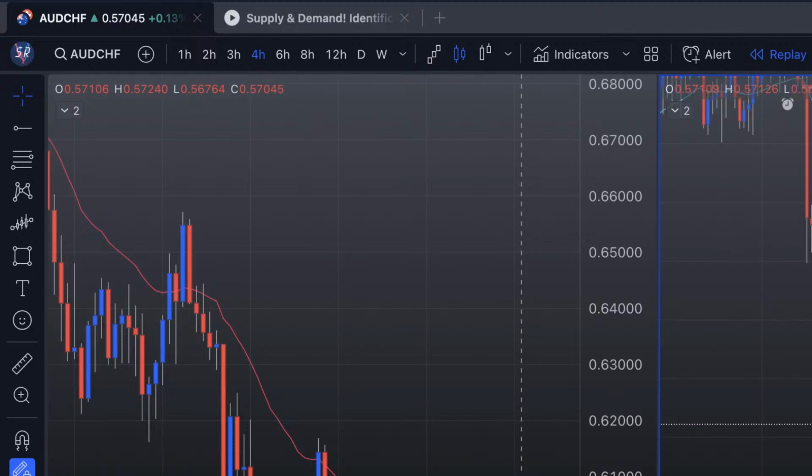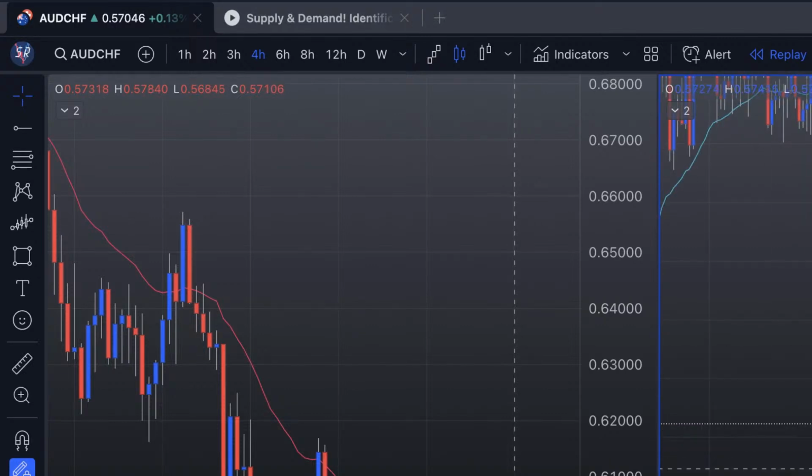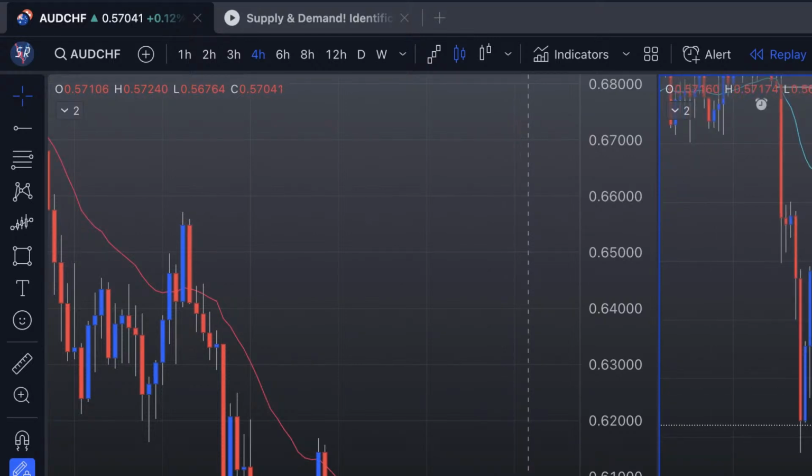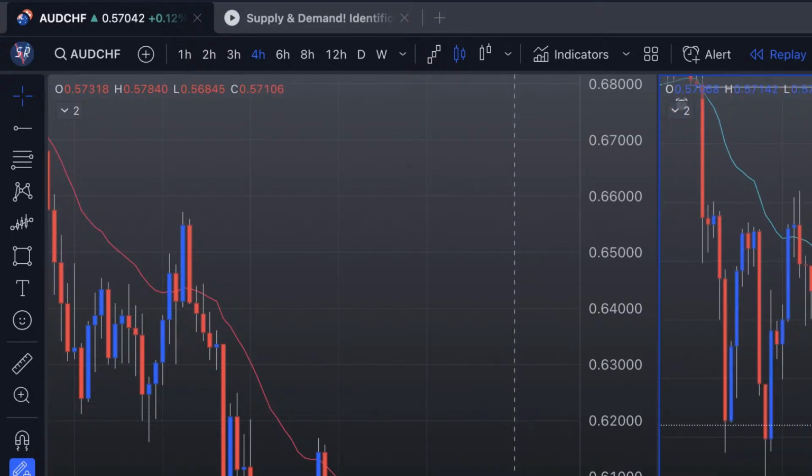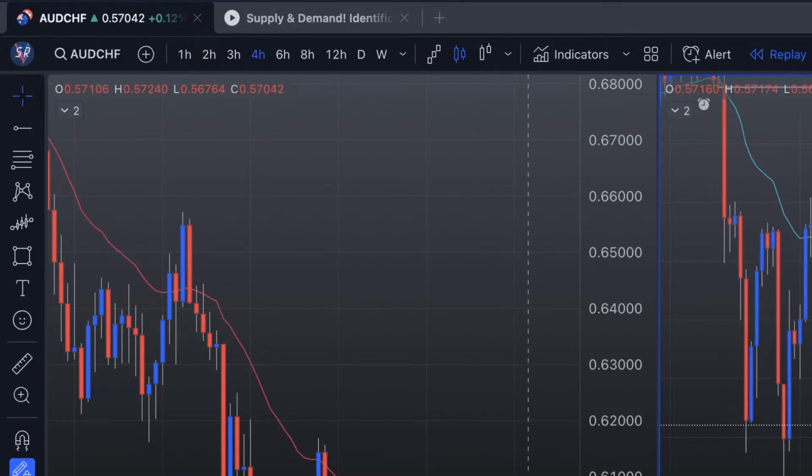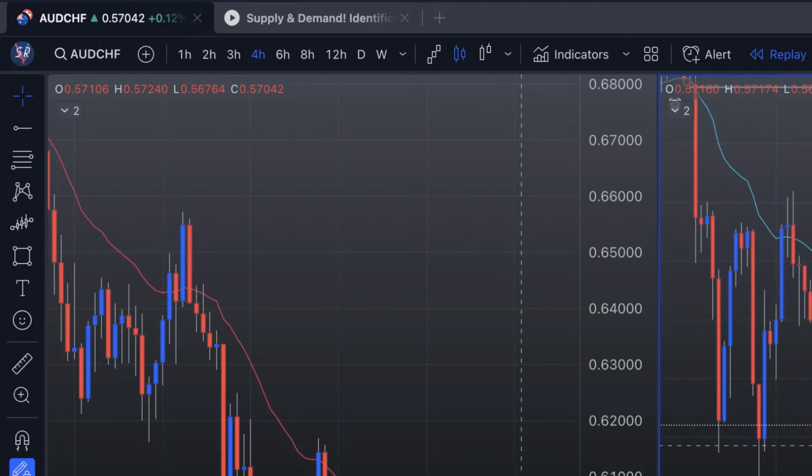Aussie being held down, came into weekly demand. Obviously seeing some buyers come back into the market, but I don't know. We got some demand here. I'm not really too keen on jumping in on this. We'll just see what happens with that level. If this level holds and we start moving higher and a nice clear little uptrend starts to take place.